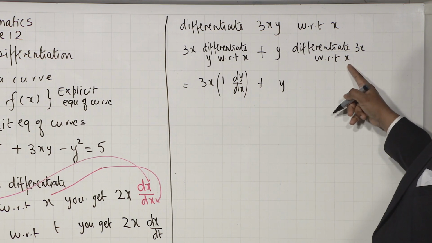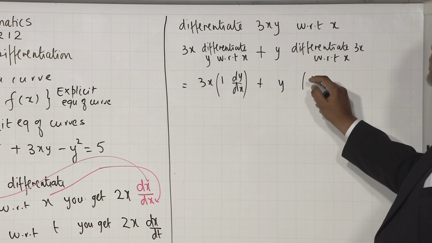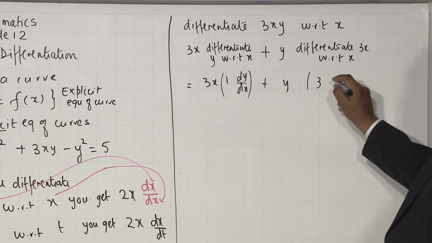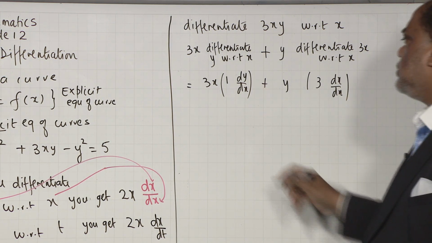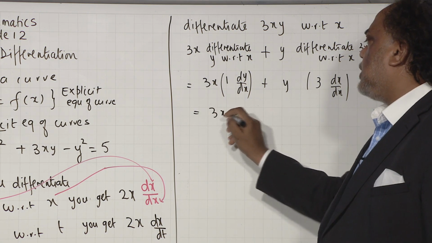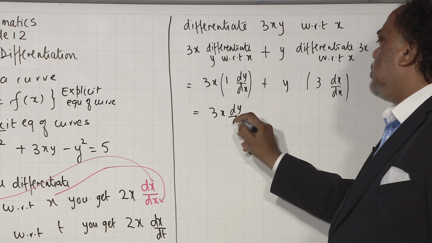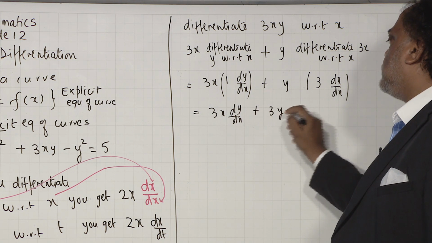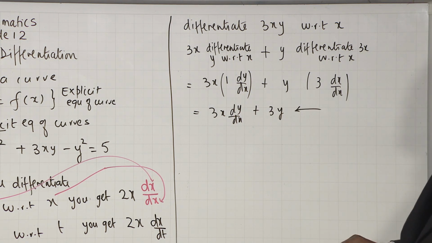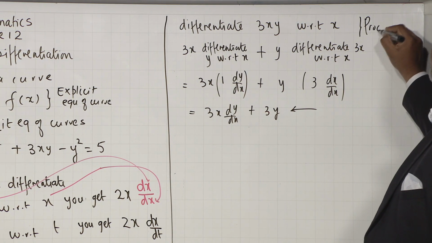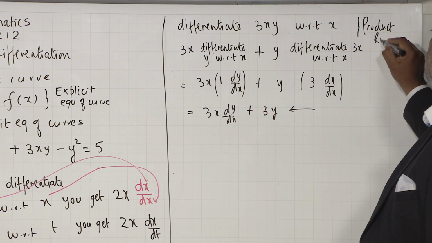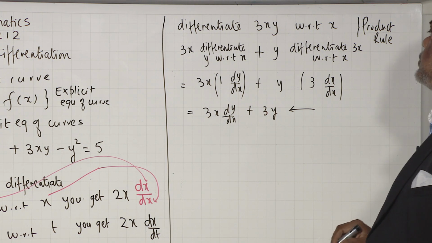Here, differentiating 3x with respect to x, it's 3. We ought to have written dx over dx, but we are not writing. It will be equal to 3. So it is 3x dy by dx plus 3y. So we apply here the product rule to differentiate a product.